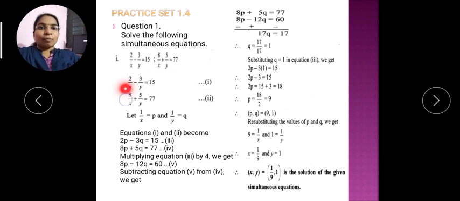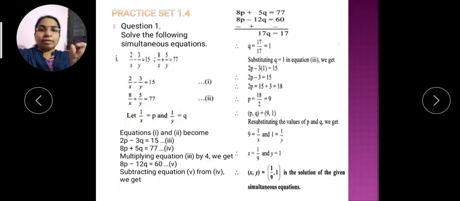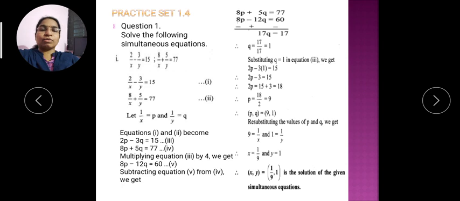Instead of 1 upon x and 1 upon y, substitute 1 upon x is p and 1 upon y is q. That means whatever variable you want to use; here I am using p and q. You can use m and n, you can use l and m, you can use different variables also.